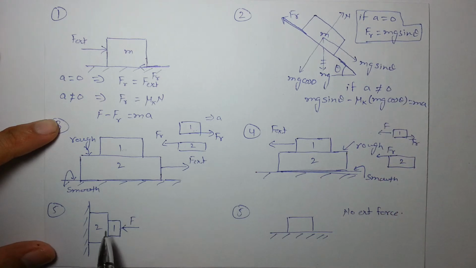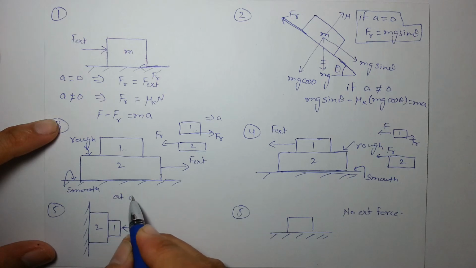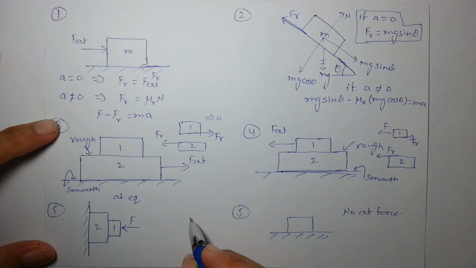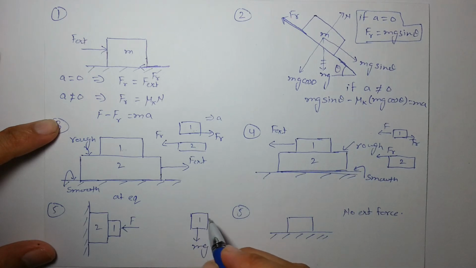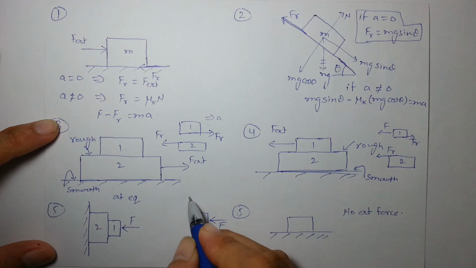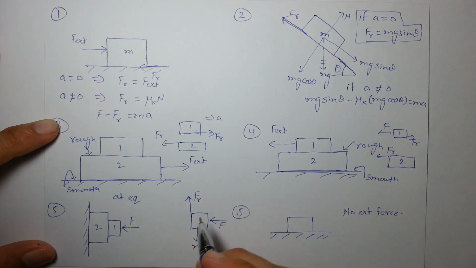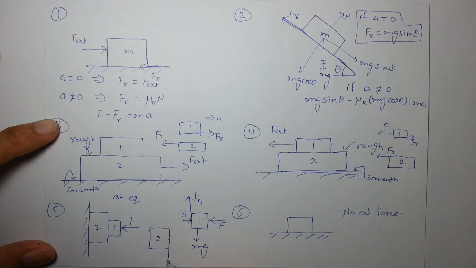In this example, if the system is at equilibrium, for 1, this is mg, this is F, so the friction must be acting in the upward direction on 1, and this will be the normal. Talking about object 2, friction on 2, this is the same friction, and this is m2g.